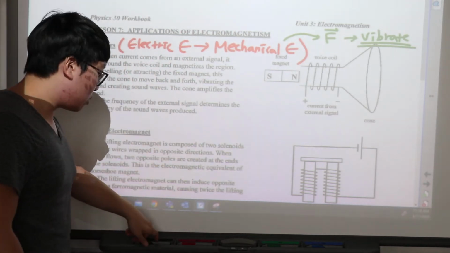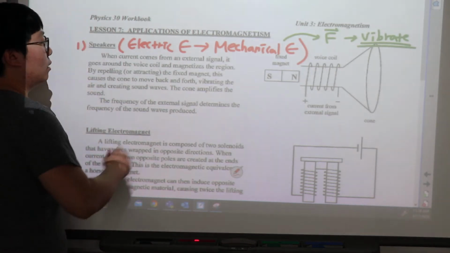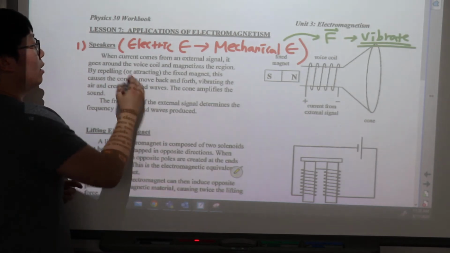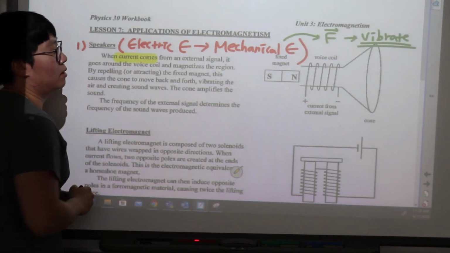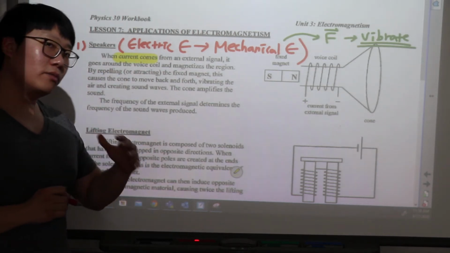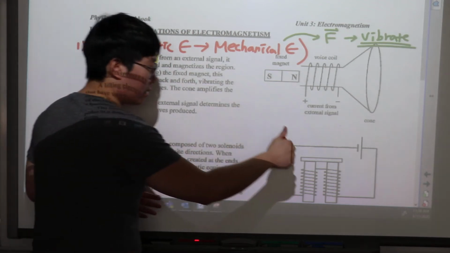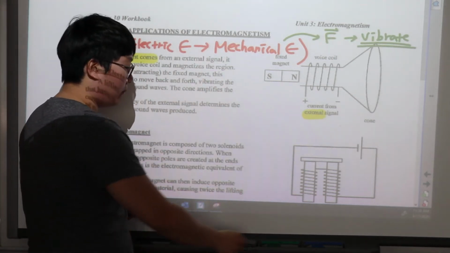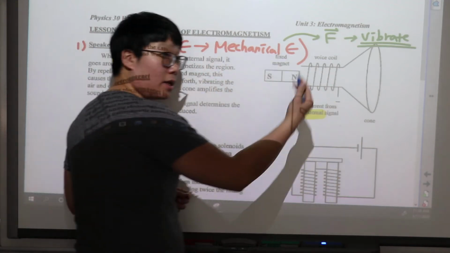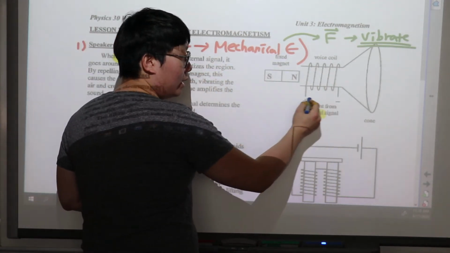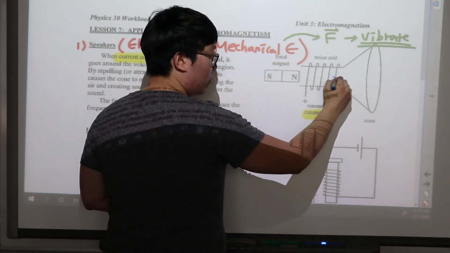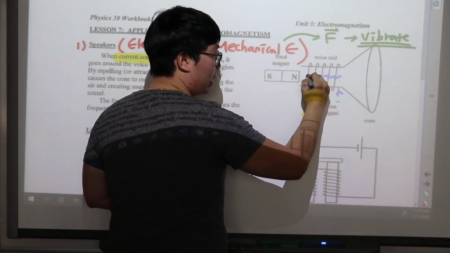However, long story short, the current carrying wire is the one that is involved in this entire system. It's an external signal, we like to call it. When it comes to electrons, think about it, negative electrode to positive electrode, it's going to go up in this situation and down, down, down.